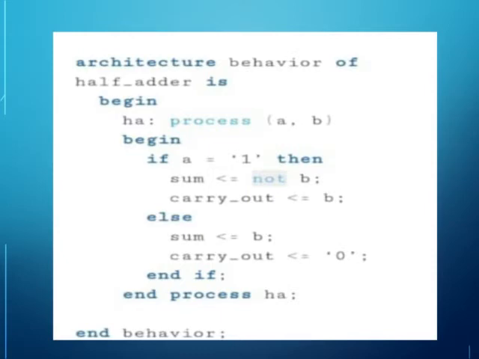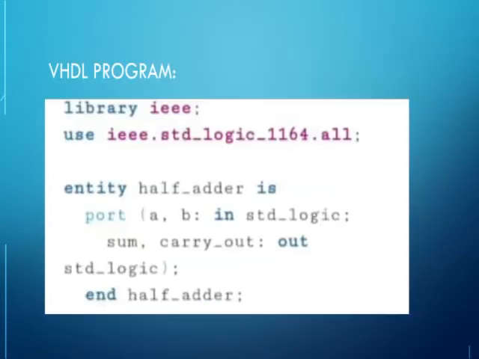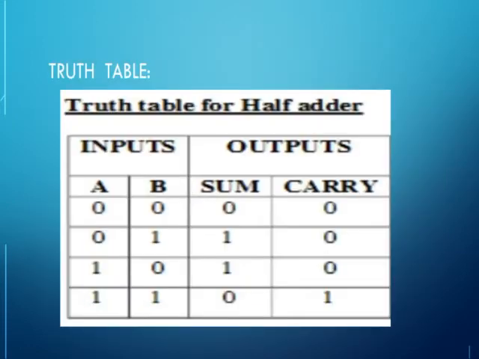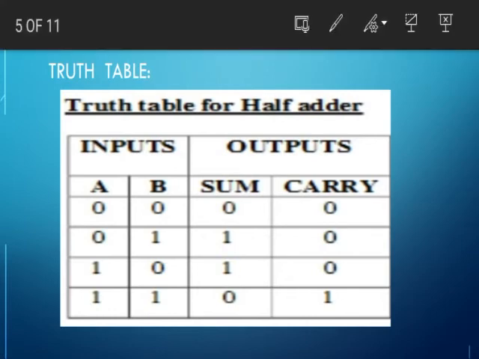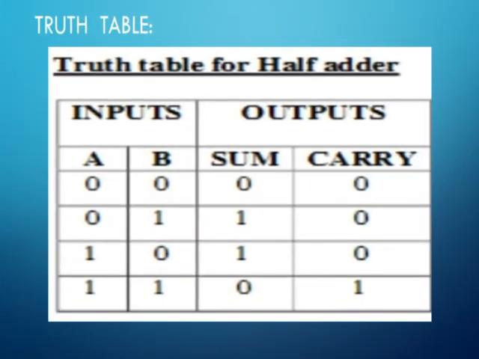Half adder is a process of A, B, the inputs, and the process begins. Using the if else condition: if A equal to 1, then sum is assigned not B. See, once you observe the truth table, if A is 1, sum is not B: when B is 0, not B is 1, and when B is 1, not B is 0.